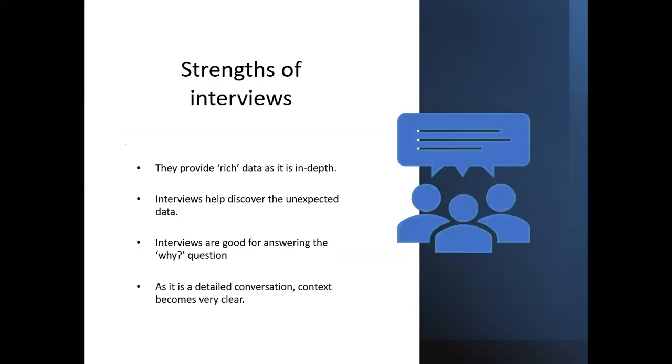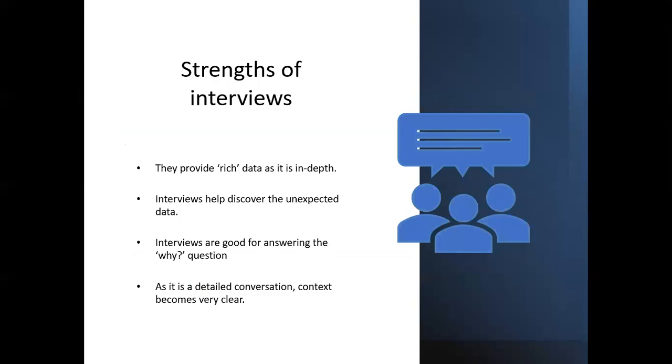Let's talk about the strengths of interviews. What is the plus point of doing interviews? They provide rich data as they are in depth. When we go for an interview, we have a bundle of information, lots of data in our hands, so we can select data from there.